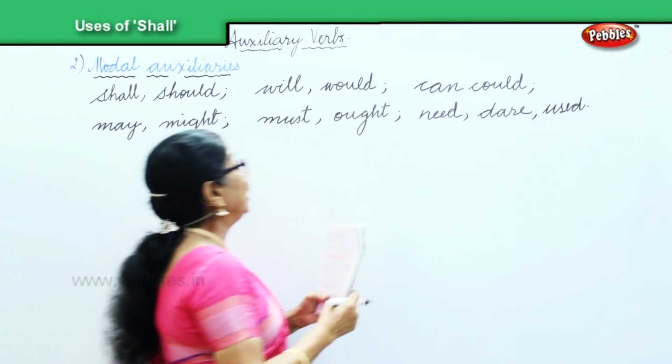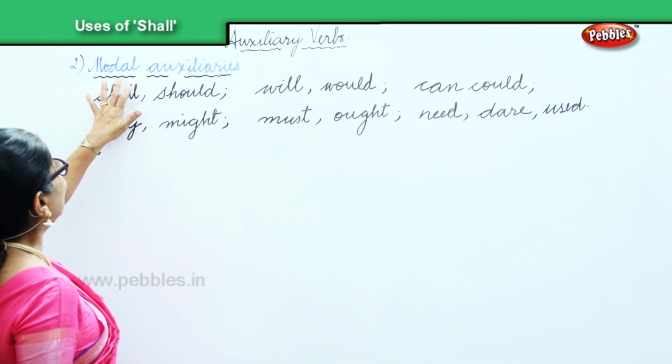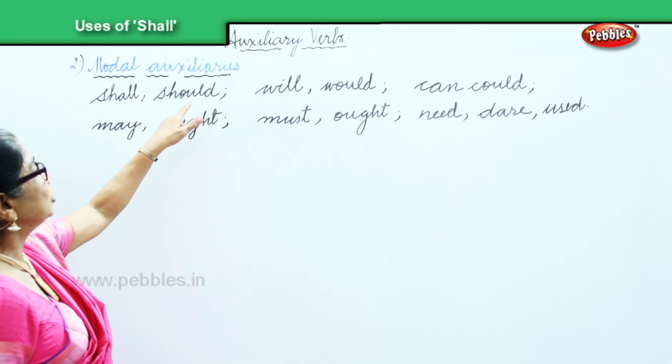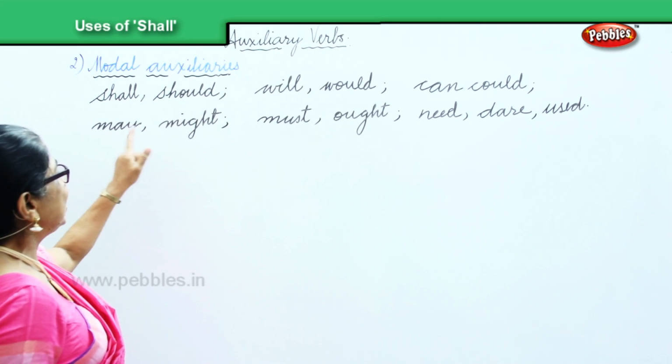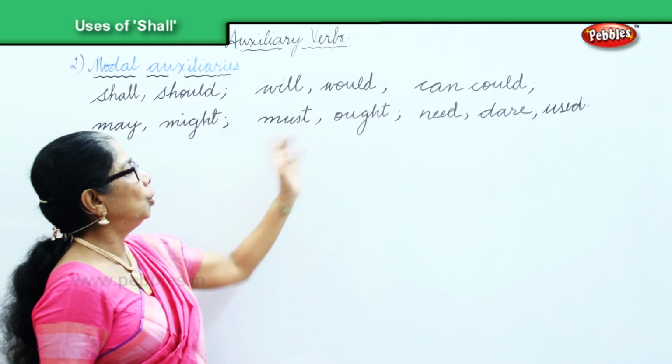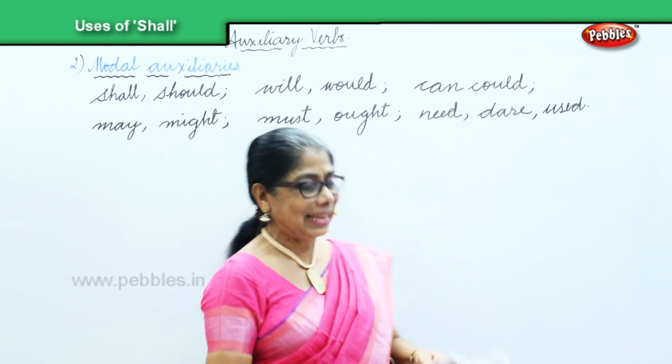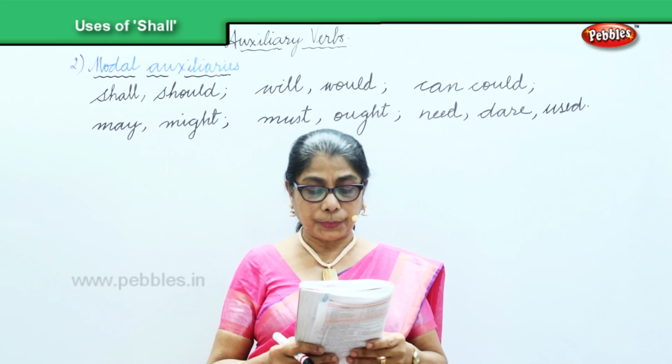Okay. In the second type, modal auxiliaries, we have verbs like shall, should, may, might, will, would, must, ought, can, could, need, dare, used. Okay.